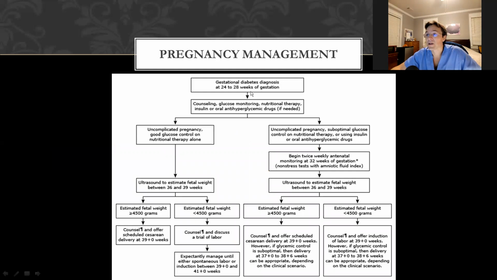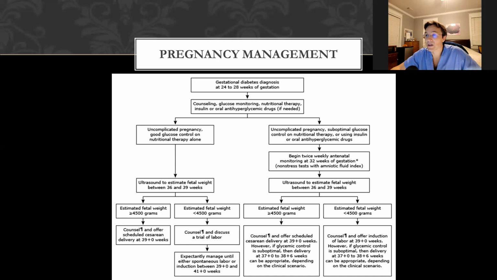Okay, let's just reinforce our knowledge. Yes, we do screen women at 24 to 28 weeks of gestation. And you will counsel them about monitoring their blood glucose.